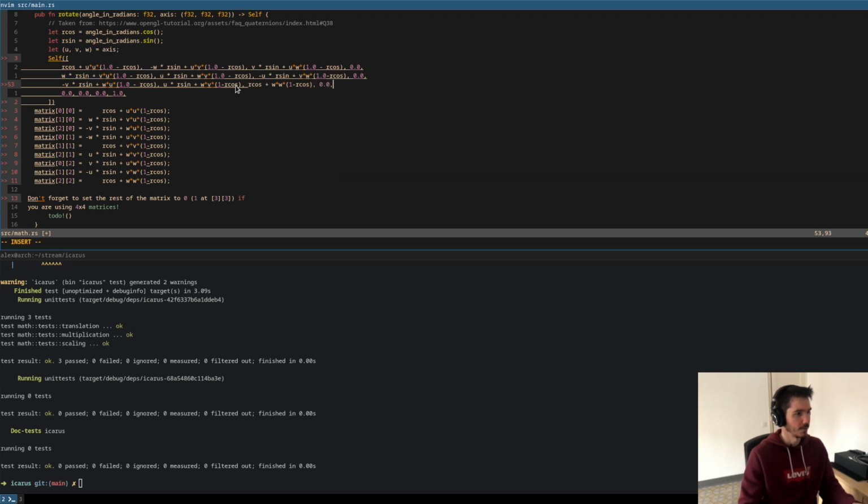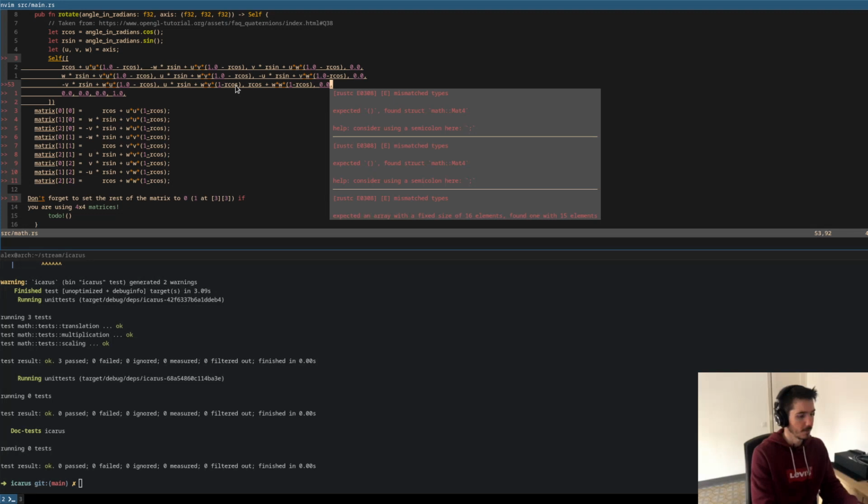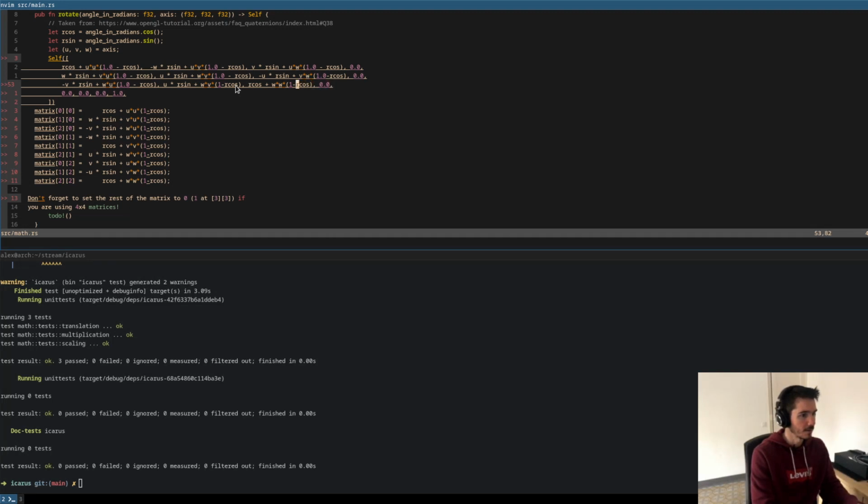And 0, 0. Let's make sure that these are floating points.